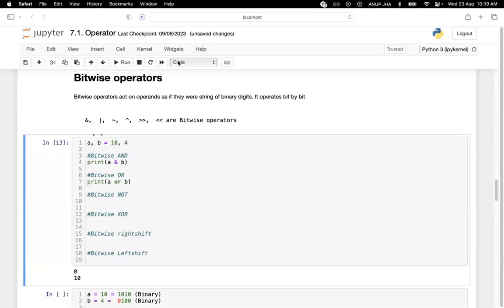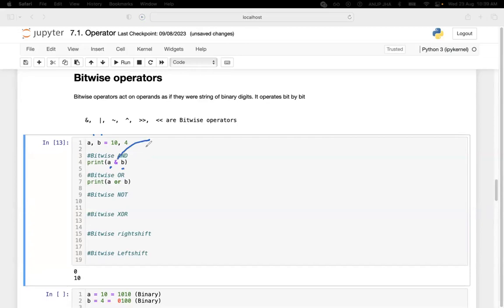It works like this: this A and this B, and this is the bitwise operator sign. This is the AND symbol of the bitwise operator. So how is this working?